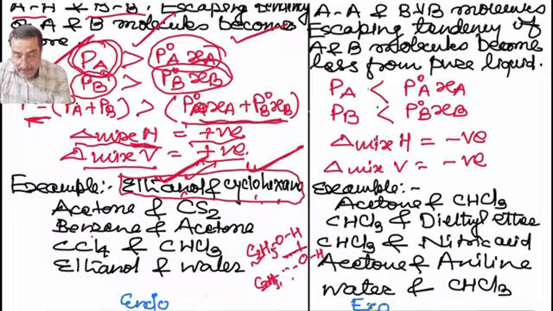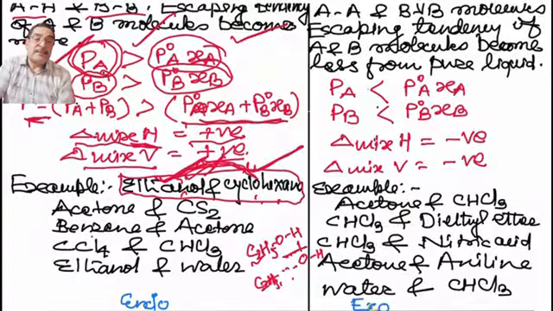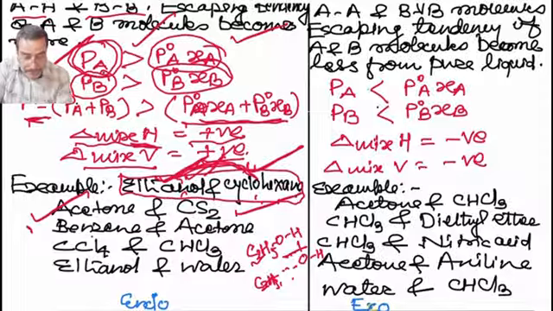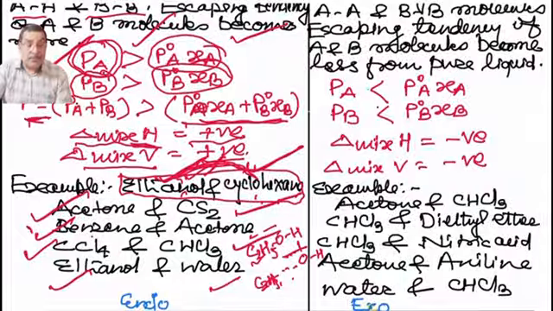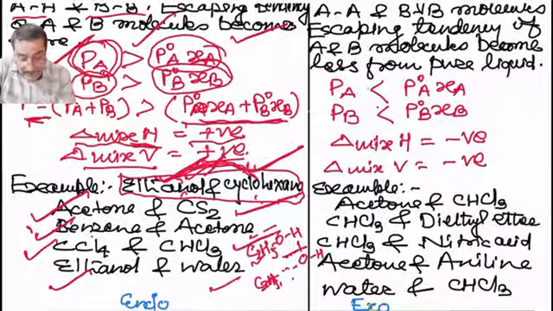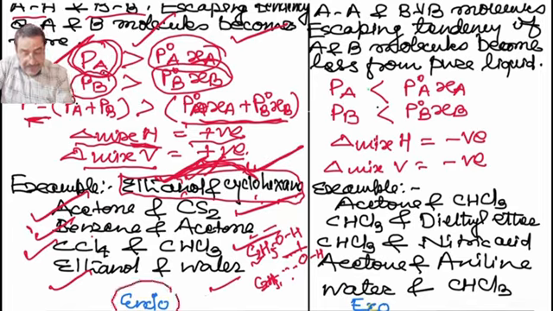So when they come together, the escaping tendency increases. Similarly, acetone and carbon disulfide, benzene and acetone, carbon tetrachloride and chloroform, ethanol and water. Now one question must come to your mind: why is delta H mixing positive when the escaping tendency is there? It is endothermic, and that is the reason these two conditions, delta H mixing and delta V mixing, are positive.